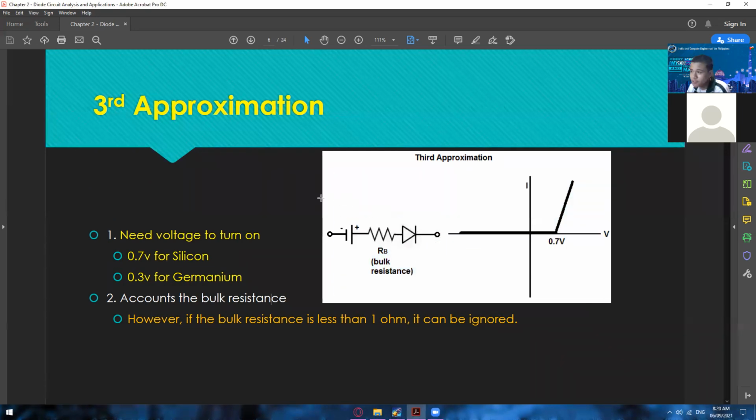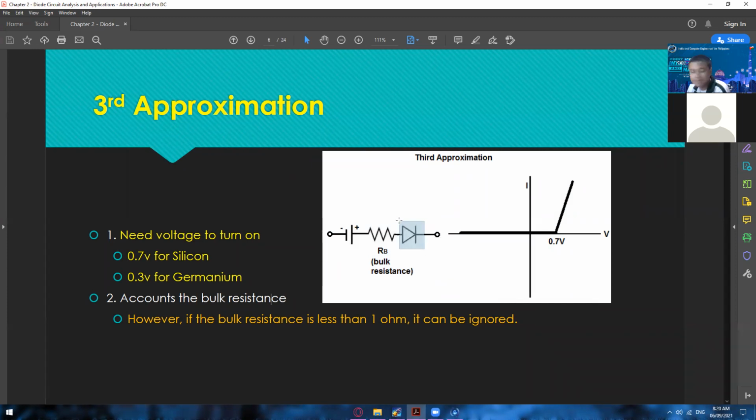So the complete drawing or icon for the diode that has a bulk resistance is something like this. We have the resistance itself, which is called the bulk resistance, and then the diode itself. But in real life, you will only see the picture of the diode.